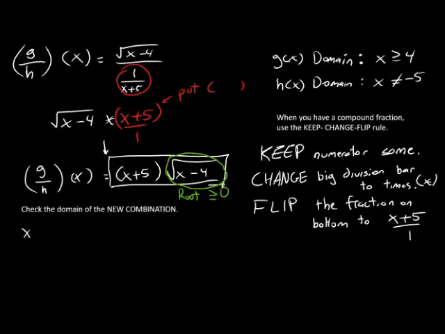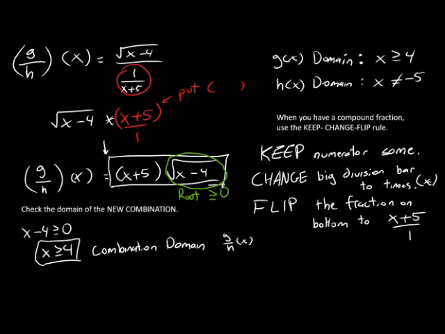Therefore, we'll say x minus 4 is greater than or equal to 0, but we solved this on the previous slide, and we showed that x is greater than or equal to 4. This is the domain of the new combination. So now on the final slide, we will combine all of the domain information that we've obtained: the g(x) domain and the h(x) domain, along with our new combination domain.